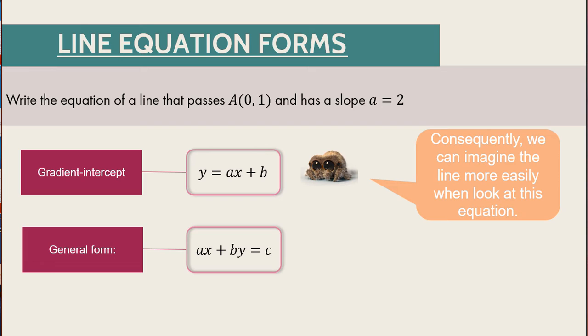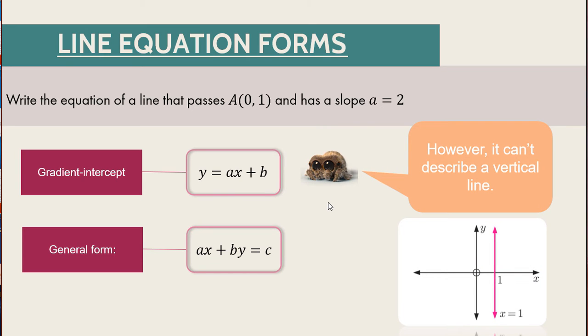It means that you can see directly the intersection of the line with the Oy axis. So it is very easy to imagine a line if you are given the gradient intercept form of the equation.